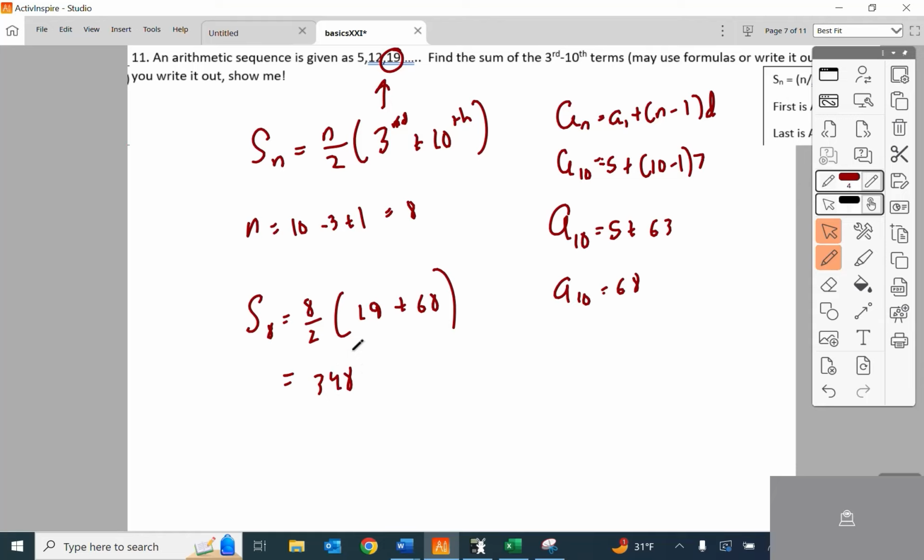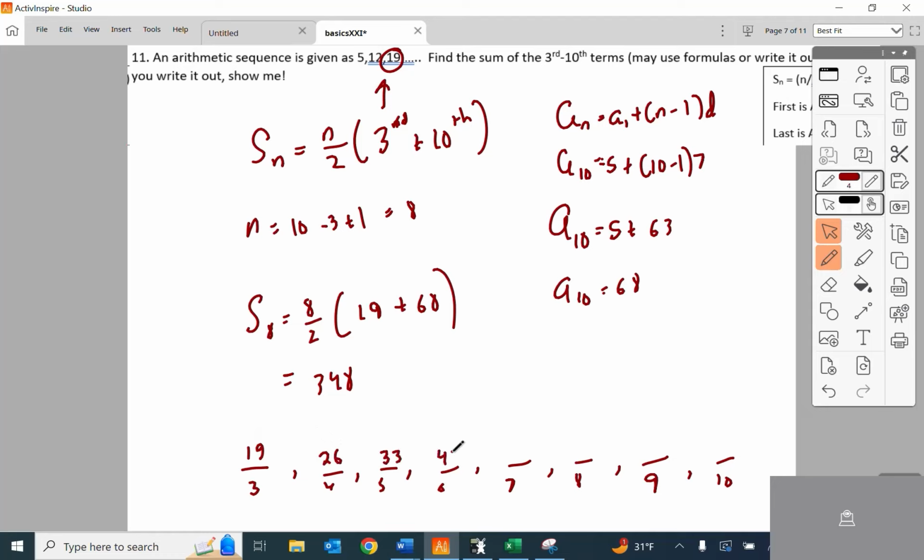Now, if you don't want to do that, we'll just write it out. Starting on the third term. So we got 19, and what are we adding here? 7, 26. We add 7 more. We're at 33.